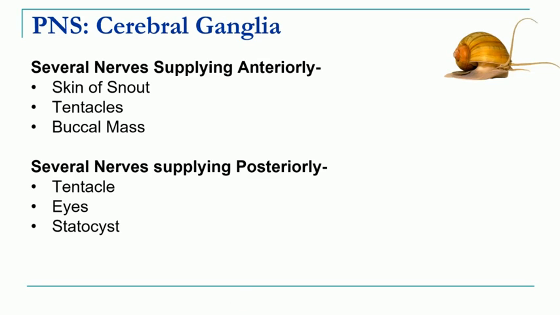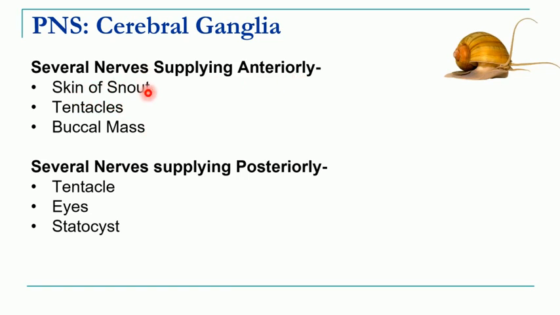Now we come to the second part, that is the peripheral nervous system. As I told you, this peripheral nervous system is made up of nerves which innervate different organs of the body. If we see from the cerebral ganglion, different nerves arise. Several nerves supply the anterior region of the skin of the snout, which is part of the mouth region, tentacles and buccal mass.